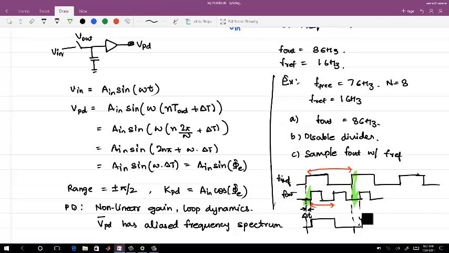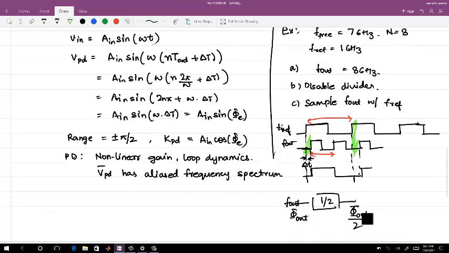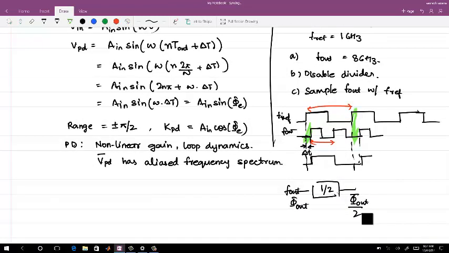Using two may not be required, because this phase error detector's input-output characteristics are the same as the multiplier. Let's say you use one phase error detector to correct the frequency within a certain range, and then use another phase error detector like this sample and phase error detector to lock to the phase.